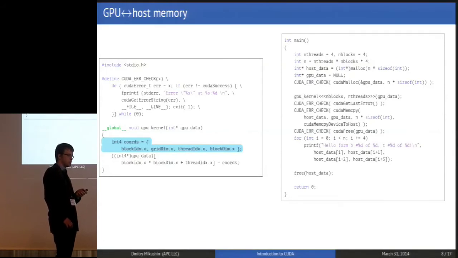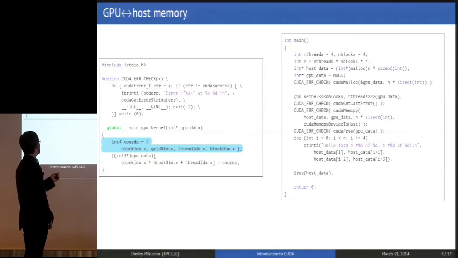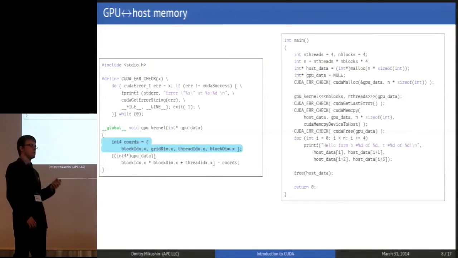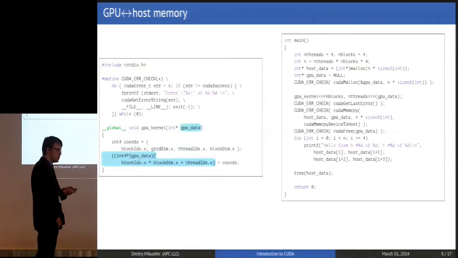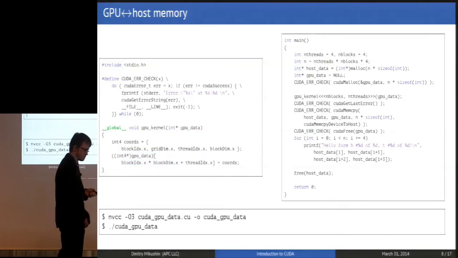Coordinates here is an int4 vector where we simply store the topology, the indices of the current thread on GPU. And here we are writing this vector into the output array. So this output array is written on the GPU side, and when we copy it to the host memory buffer, it will be available to the host system.